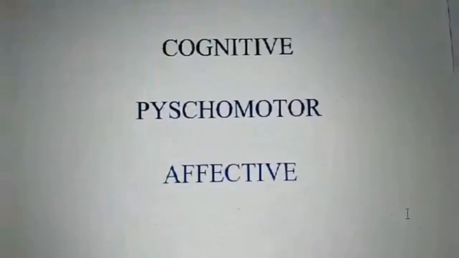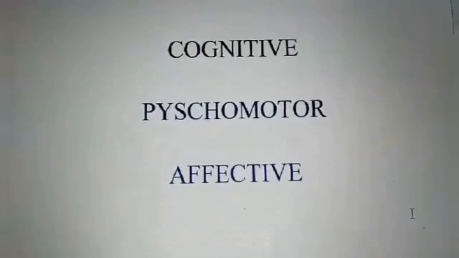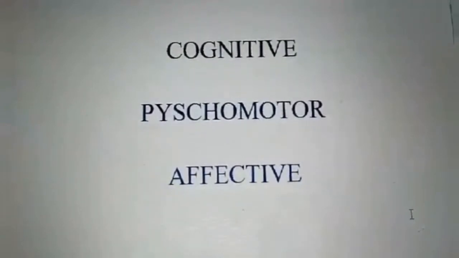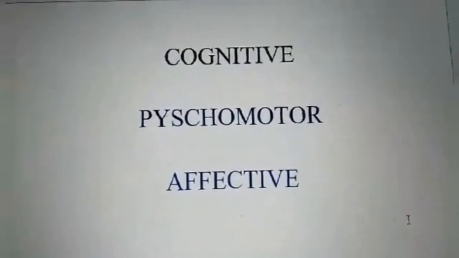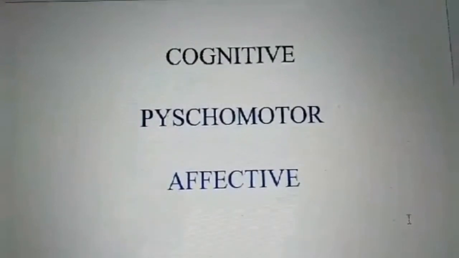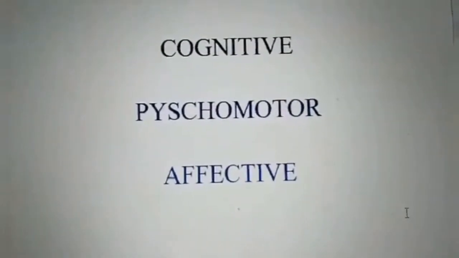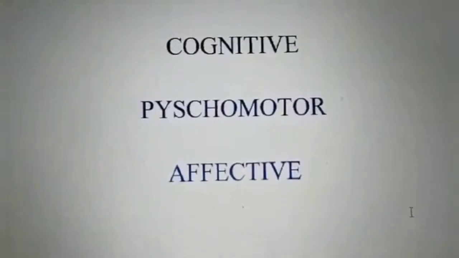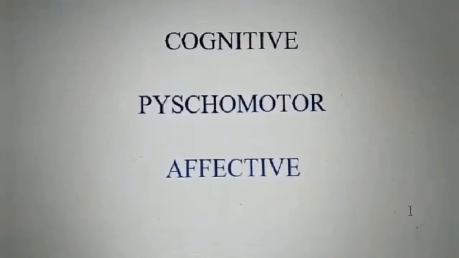While psychomotor is mental or physical skills that has mental activities such as observing, imitating, practicing, adapting, and innovating. Last is affective, which is growth or feelings or emotions. Responding, organizing, and internalizing.